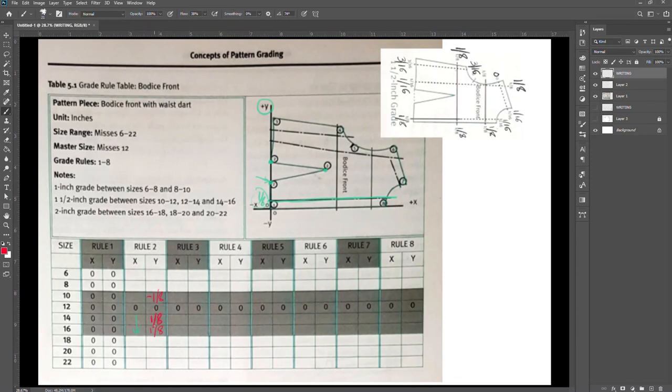So size 14 and 16 are pretty much always going to have the same numbers in them, and then size 10 is going to be probably the negative version of that number. So zeros in all of the x columns and negative 1/8 for smaller sizes, positive 1/8 for larger sizes for rule 2.